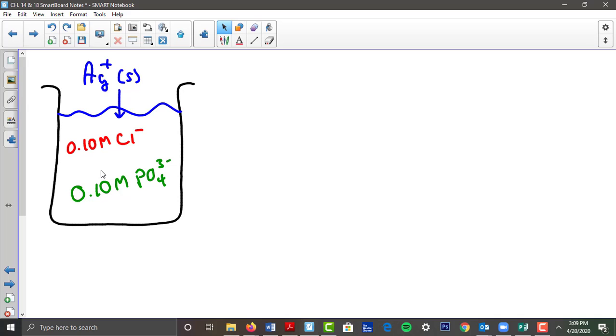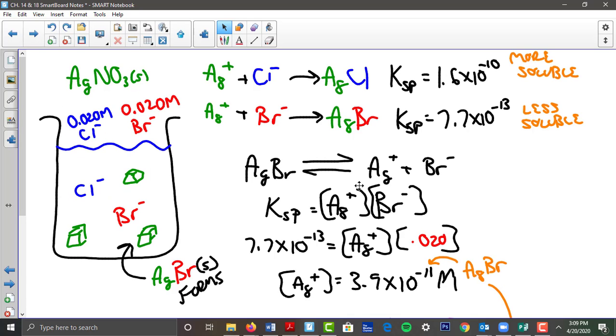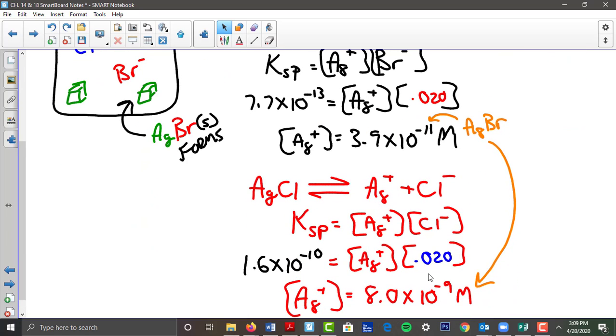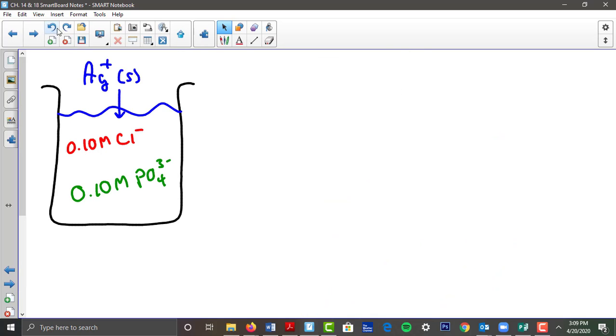What I would ask you guys to do now is pause it and see if you can work through a problem modeled similar to this one, where you determine which of the two would form a precipitate first and what two concentrations are necessary for the precipitates to form. So take a moment, pause it, grab a sheet of paper, calculator, and try to do this problem yourself. Then when you're done, unpause it, and let's take a look at whether we did it right or wrong.